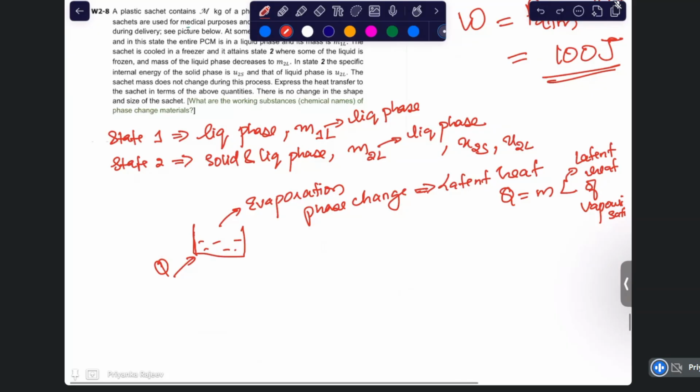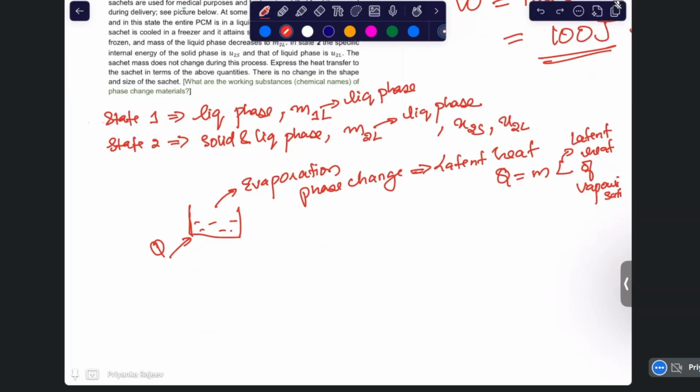So using mass conservation, how can we write this?